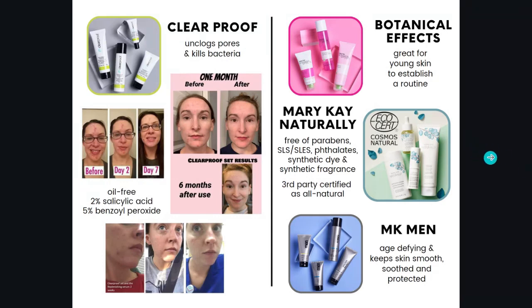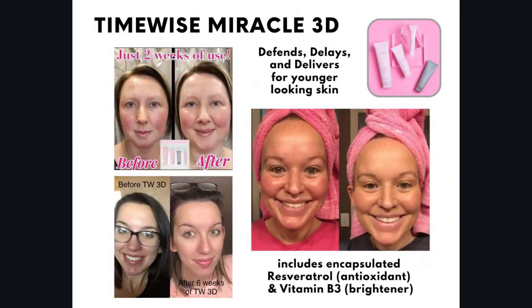Then we have the TimeWise Miracle 3D set. Now, this is a set that is great to prevent early aging, or just to fight the early signs of aging, which actually starts happening in the early 20s, 18, 19, 20, 21. Aging is already starting to happen. And so you can see from these before and after pictures that the TimeWise Miracle Set does a really good job.